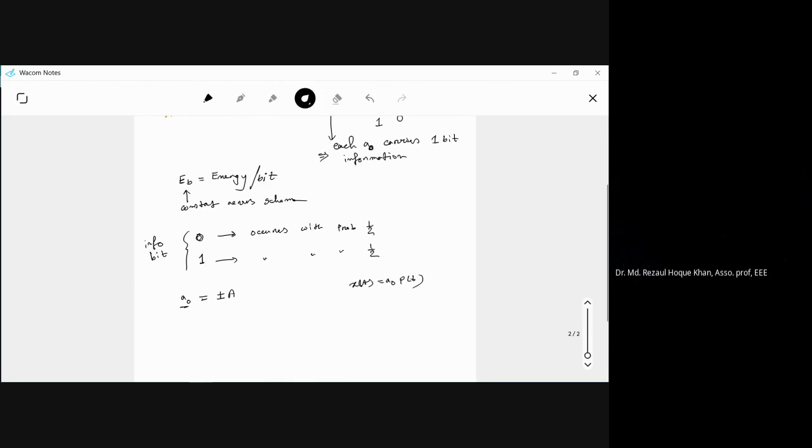So what is the average energy? The average energy is half A squared Ep for bit 0, and also half A squared Ep for bit 1, with equal probability.